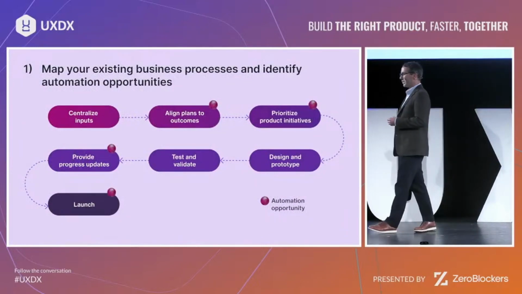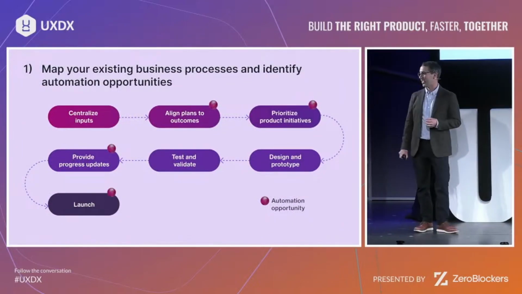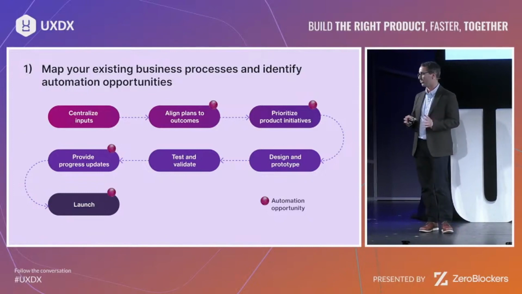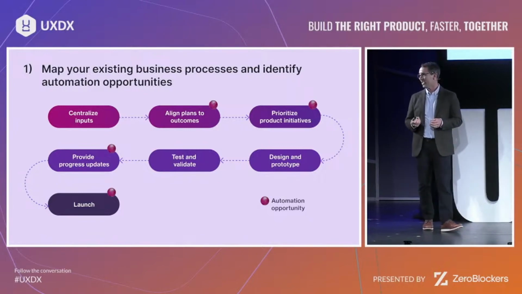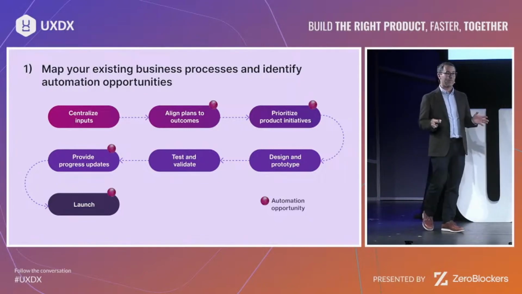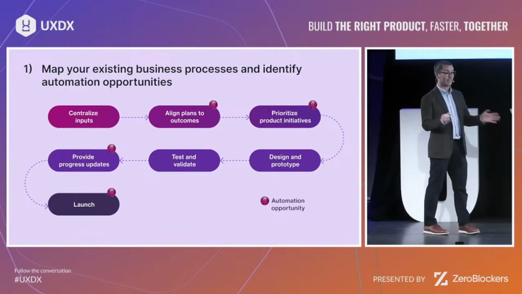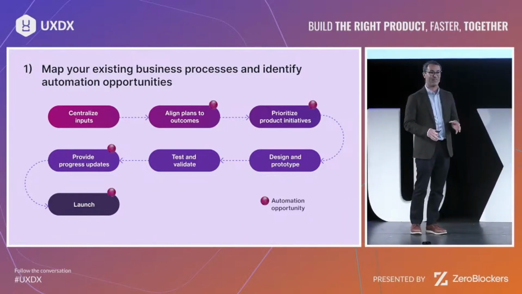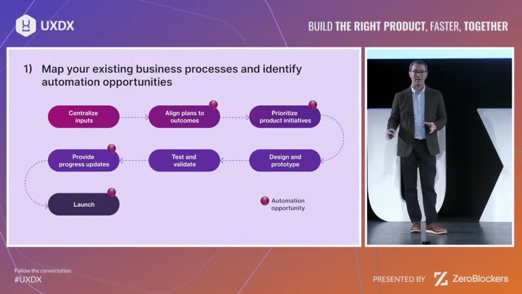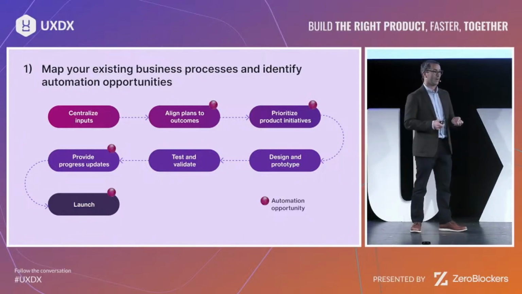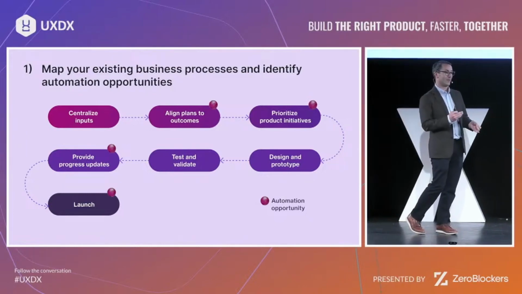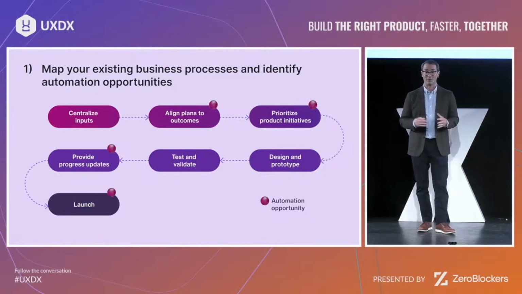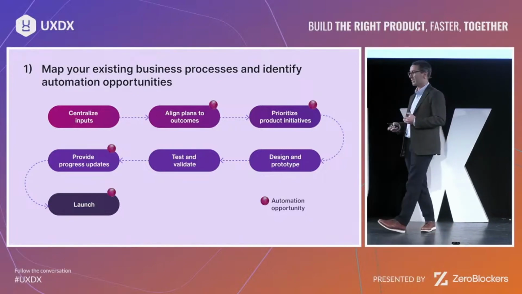So first, starting out with the business process map is a really great way to identify the highest leverage opportunities for automation within your teams. This is a great place to partner, by the way, with your product ops teams or design ops teams, if you have them, to look at your end-to-end processes and really identify where are the steps in the work that we do that are the most manual, that are the most tedious, that are impacting the largest number of employees across our company.